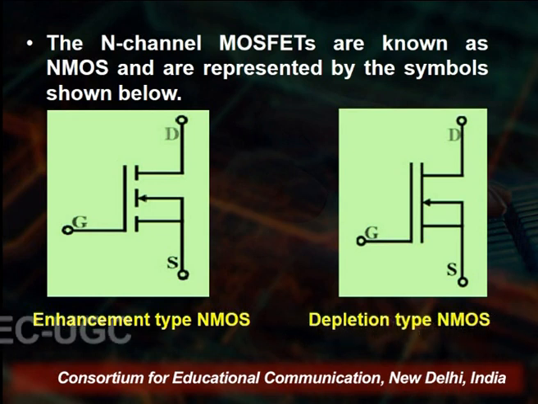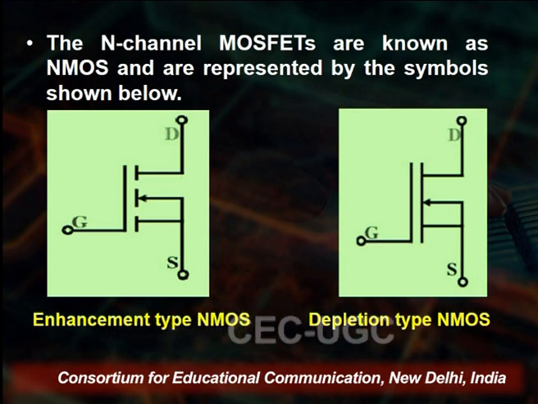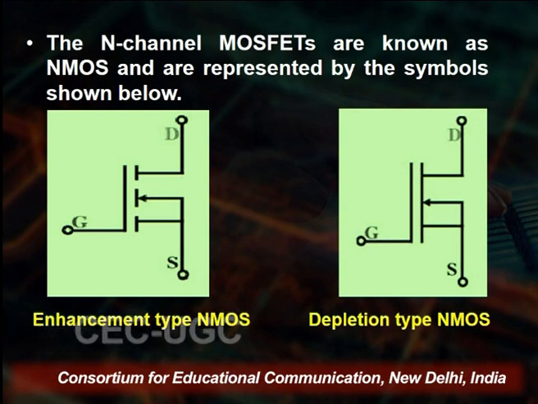You see the difference between them. In the enhancement type NMOS, there is no connection between the source and drain; they are separated, the channel is also separated. But in the depletion mode, the drain and source are connected through a line.